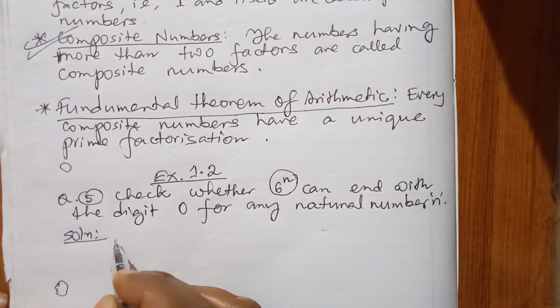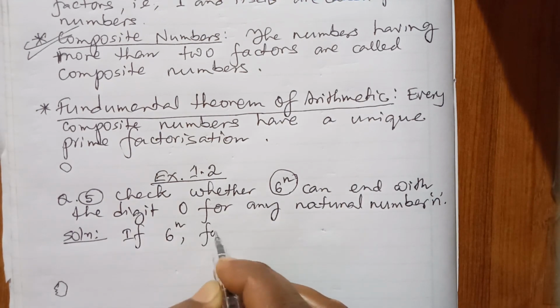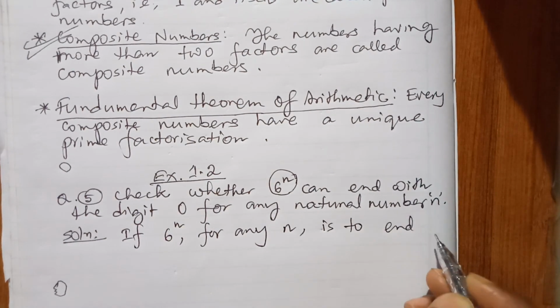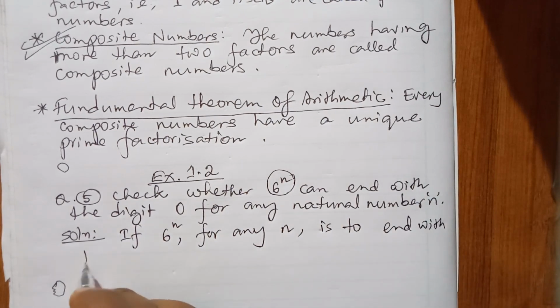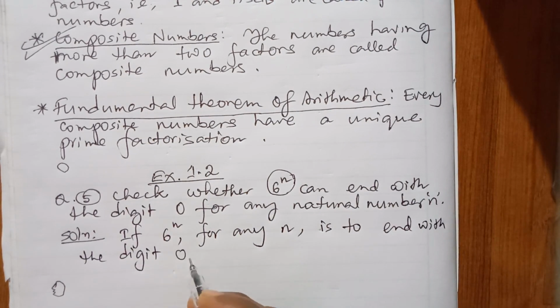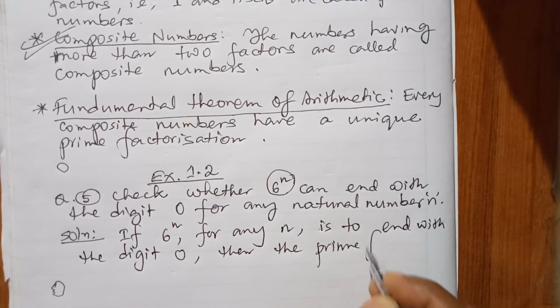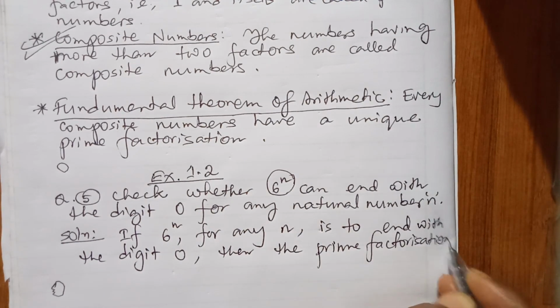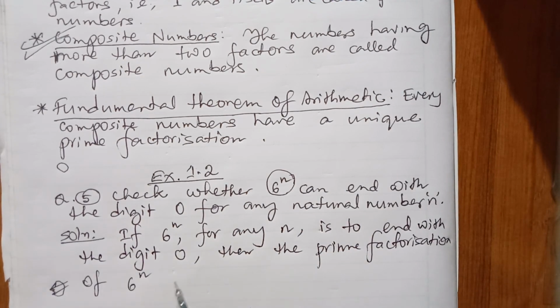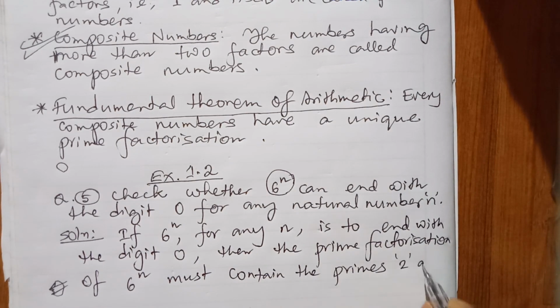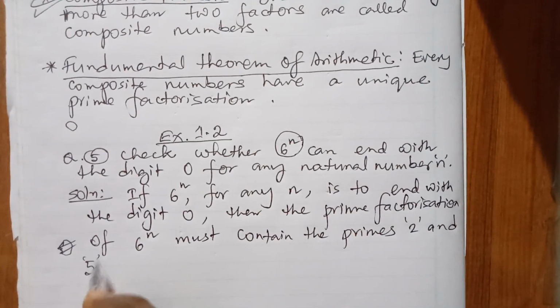So write the solution here. If 6 to the power n, for any n, is to end with the digit 0, then the prime factorization of 6 to the power n must contain the primes 2 and 5.